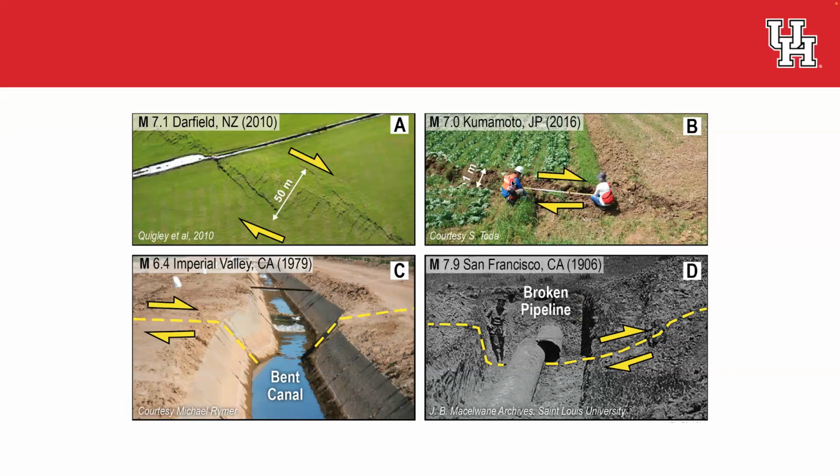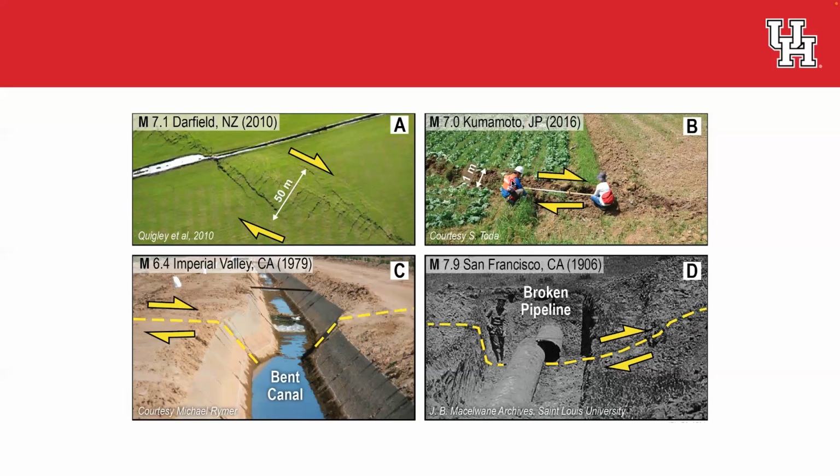And more importantly, we have no predictive power on this. Just by looking at the soil or the earthquake itself, or the fault line itself, we can't tell what type of surface break is going to be there.